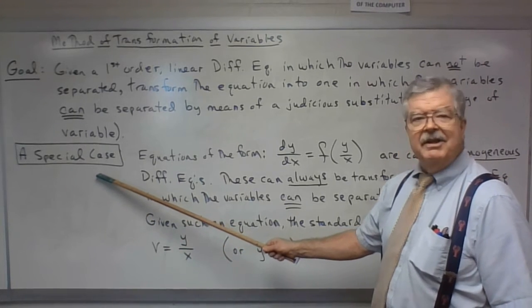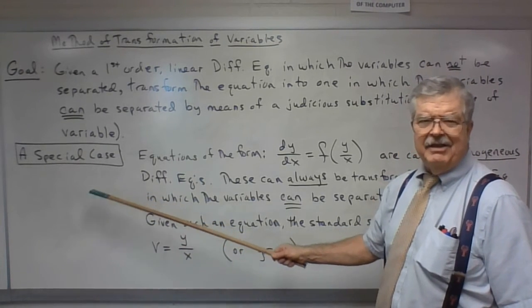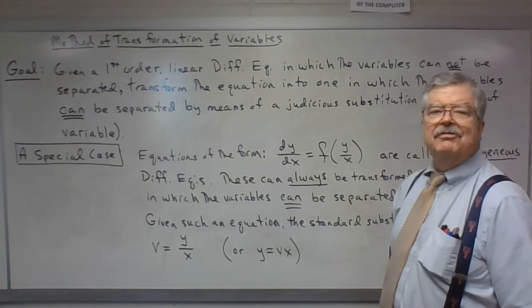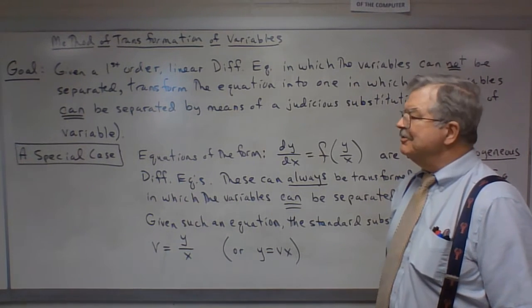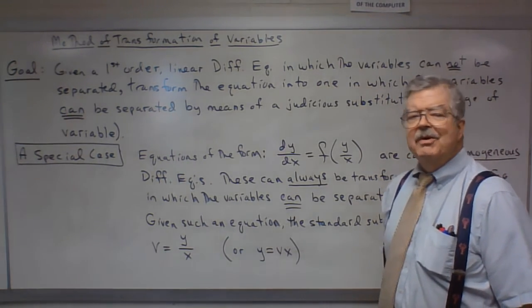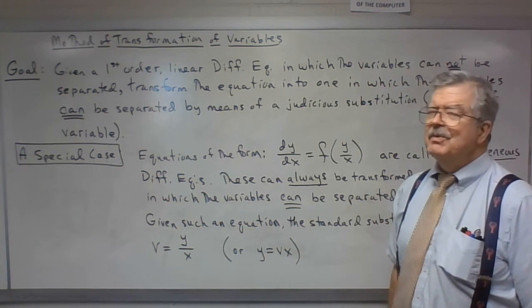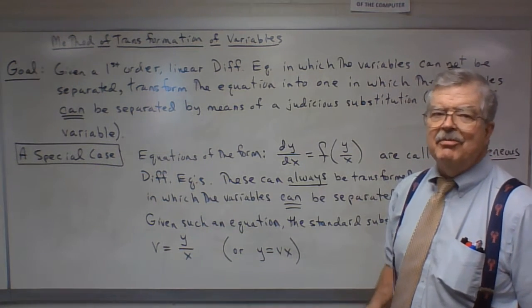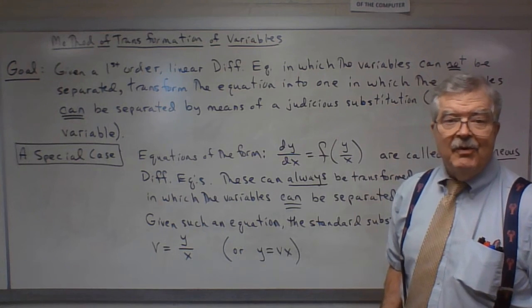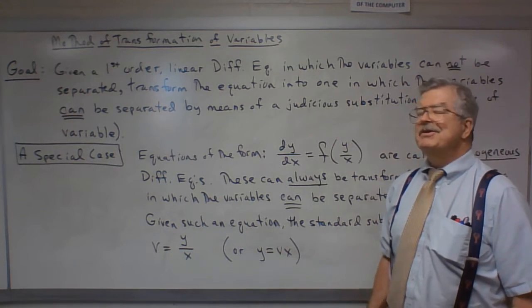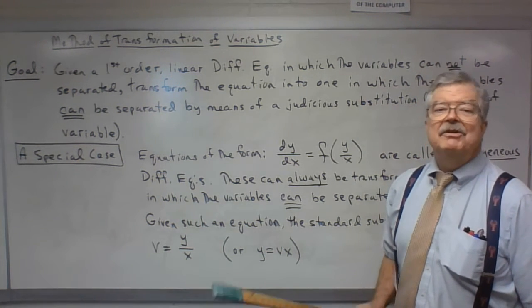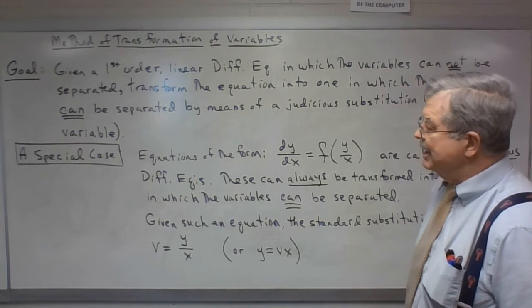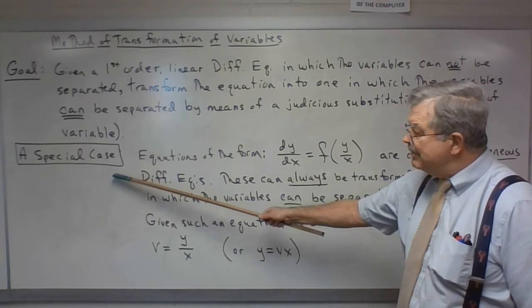Here's the special case, the classic case of a transformation of variables in which a first-order linear differential equation in which the variables can't be separated is transformed into a first-order linear differential equation in which the variables can be separated. And here's the special case.